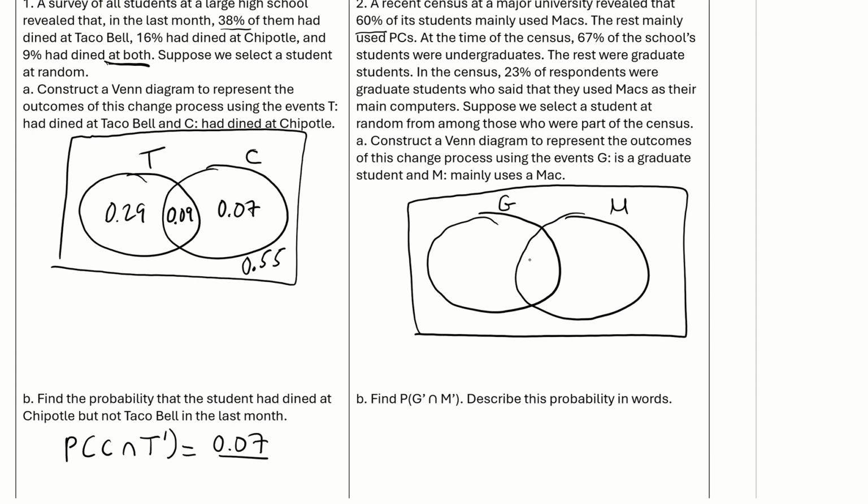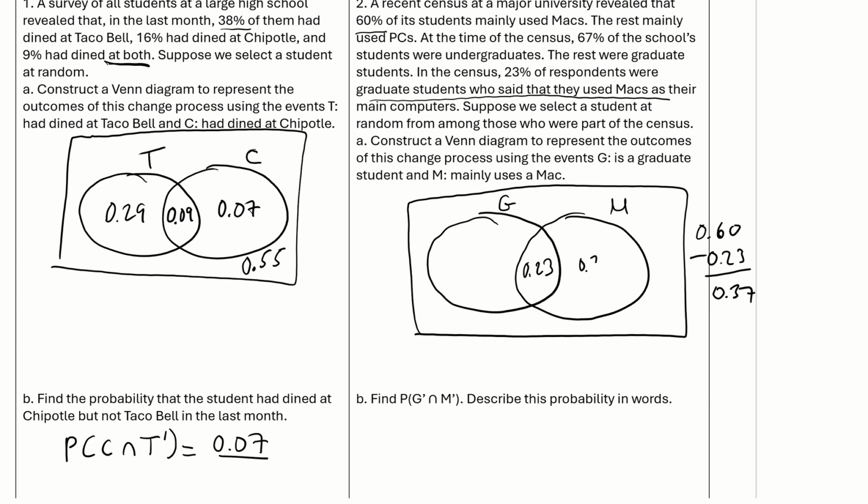So we got 60% use Macs. It says 23% were graduates who said that they use Macs. So you go 0.23, which means that 0.60 minus 0.23 is 0.37.